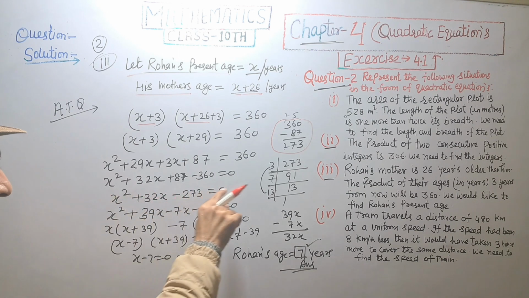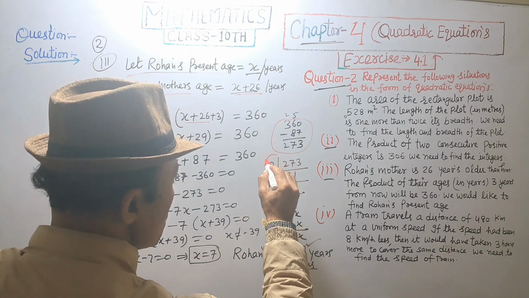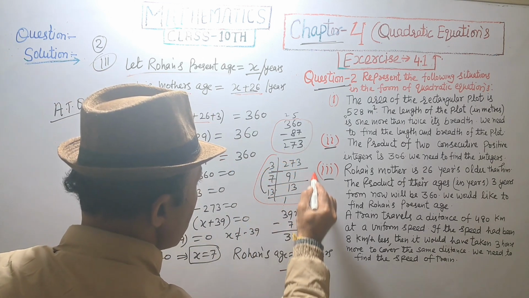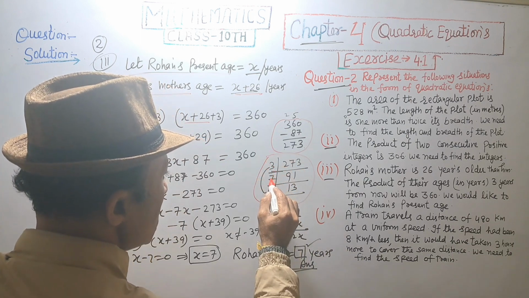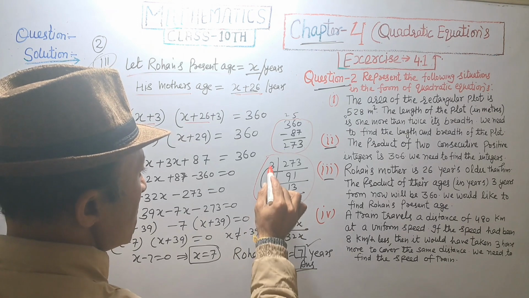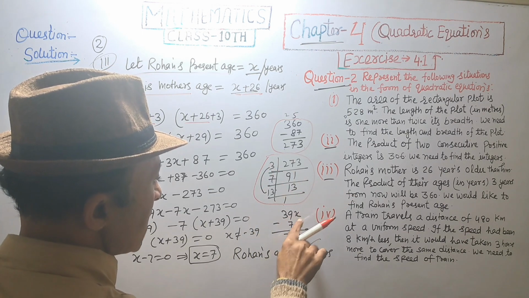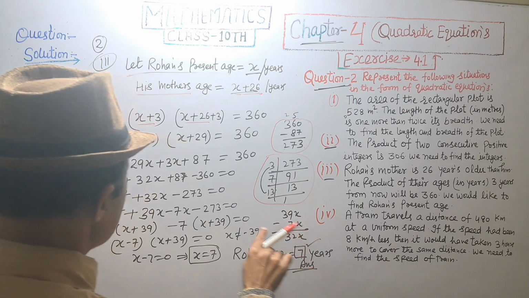It gives a quadratic equation, and by splitting the middle term, we factorize 273 by prime factorization as 3, 7, 13. 13 threes are 39, and 39x minus 7x is equal to 32x.